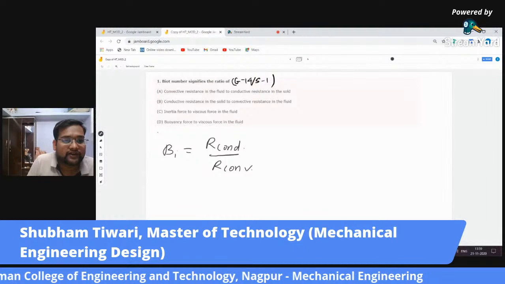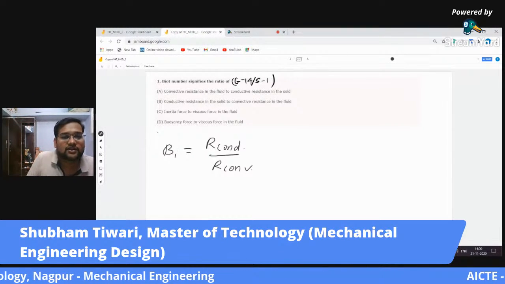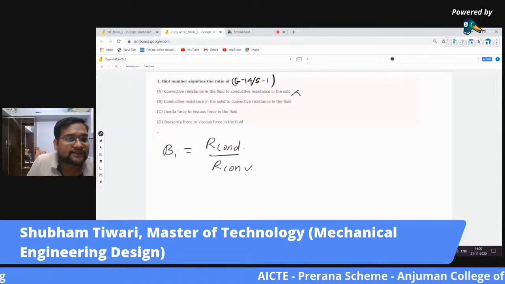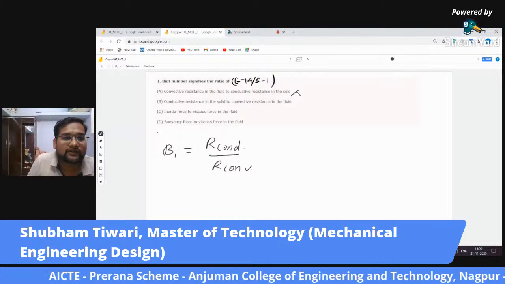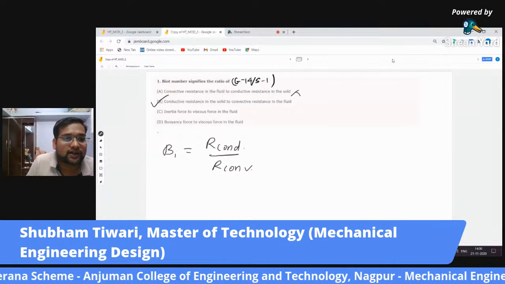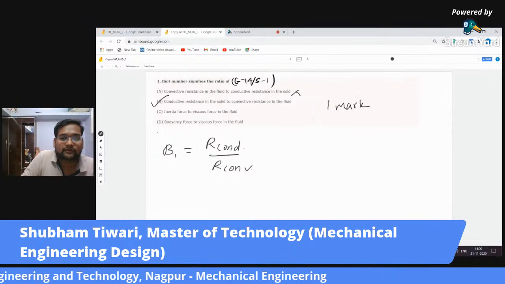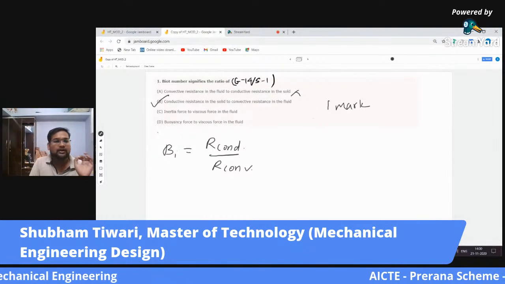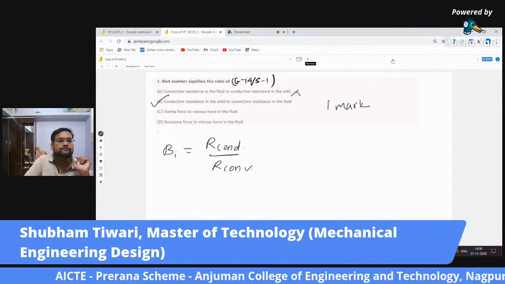So the option saying it is the ratio of convective resistance in the fluid to the conductive resistance of the solid is not the case. The conductive resistance in the solid to the convective resistance in the fluid is the correct answer. This was asked for 1 mark. So this kind of question may get asked on simple concepts that you must remember. This is a very important concept.